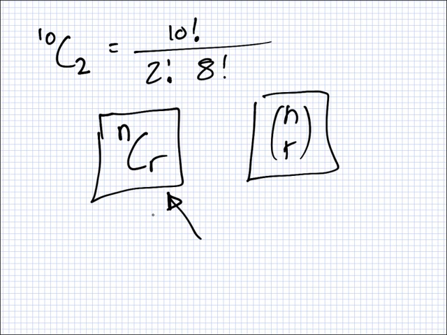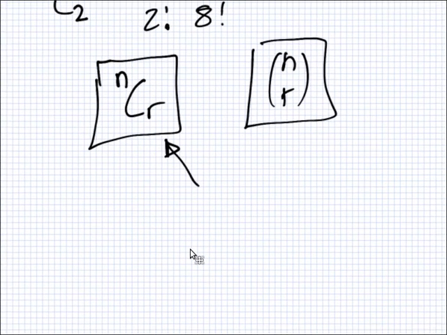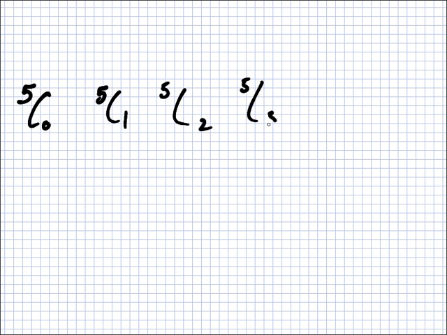So what I want you to do, guys, is calculate the following for me. 5C0, 5C1, 5C2, 5C3, 5C4, and 5C5. So using your calculator, give me those 6 values.